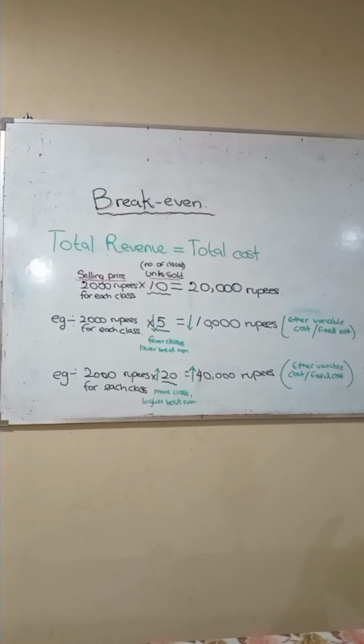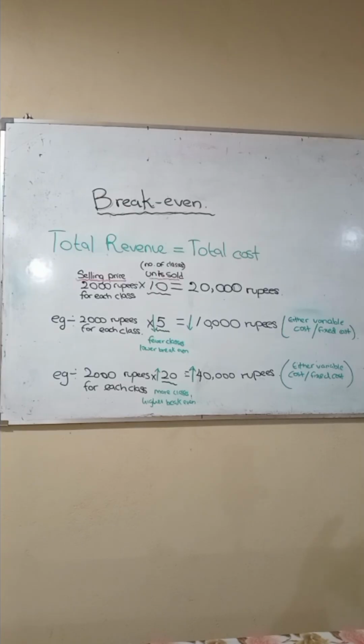Now, just imagine if my cost decreases, it can be the variable cost or fixed cost. If my cost decreases to 10,000 rupees, I have to only do 5 classes to cover up my 10,000 cost. So you can clearly see that when your cost decreases, you only have to do fewer classes to pay off the cost, which is 10,000.